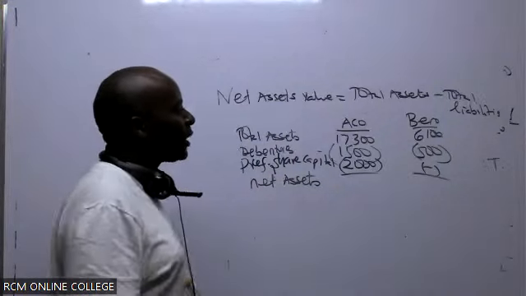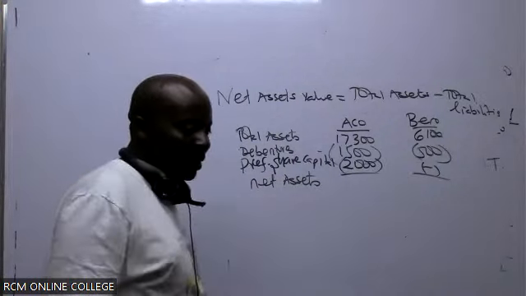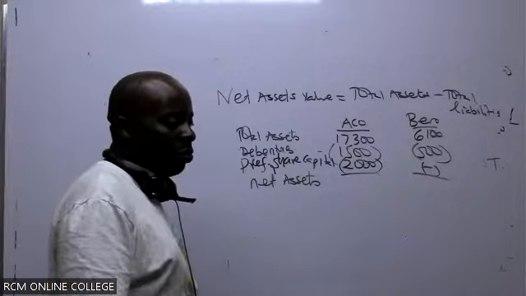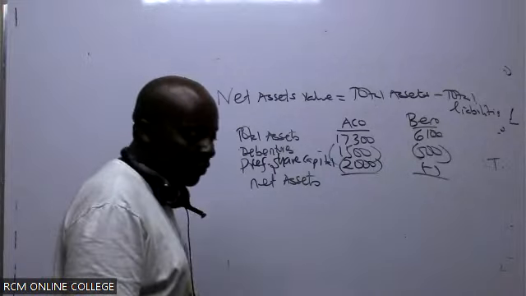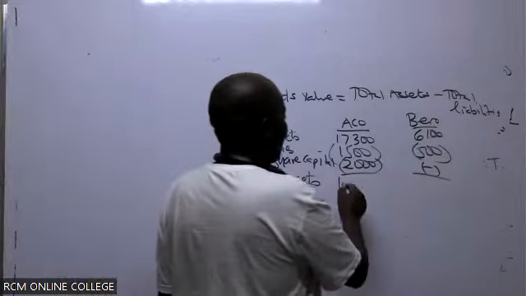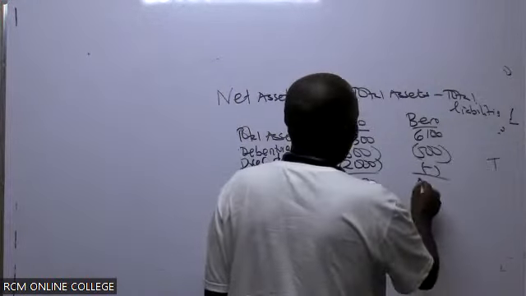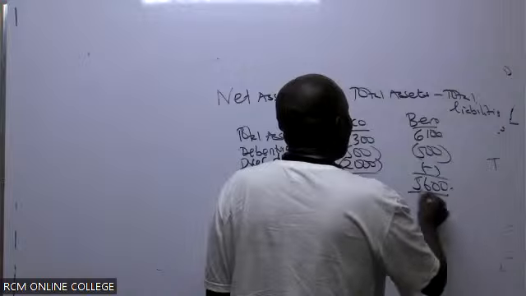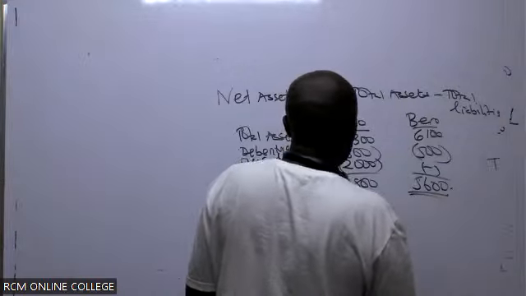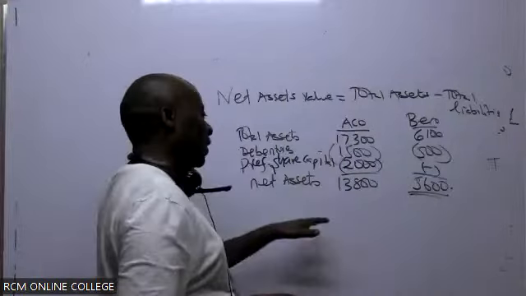Are you able to give me the net assets of ACO? Anybody who is able to give me 13,800. So this is 13,800, and then this one here will be 5,600. So the exchange ratio, if we are using the net assets basis, we shall take that divided by this.